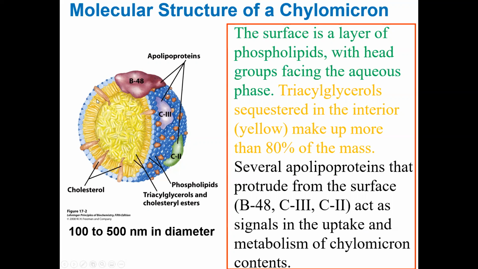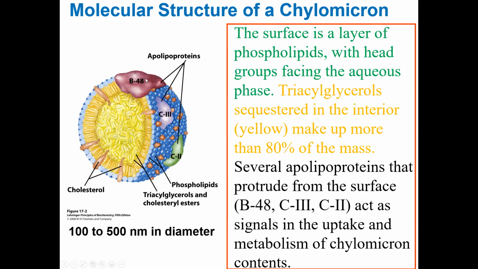So there is a membrane-like structure on the surface, which is stabilized by cholesterol. You remember cholesterol actually stabilizes membranes, right? And then you have certain specialized proteins, shown here: B48, C3, and C2. C2 is the one we talked about in the previous slide.